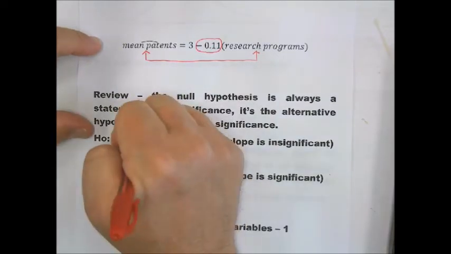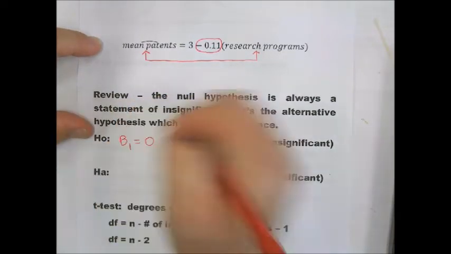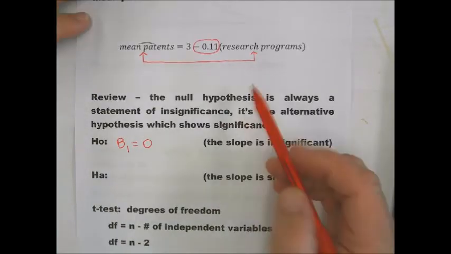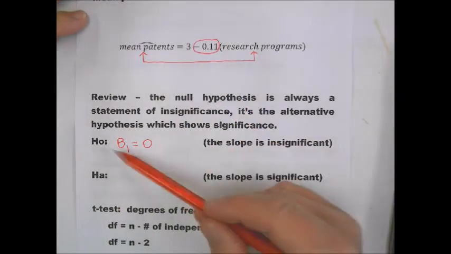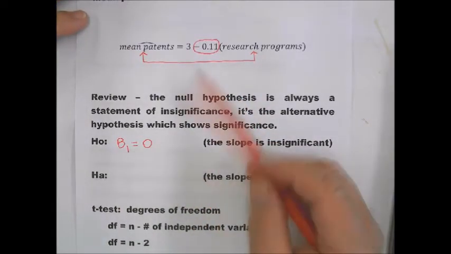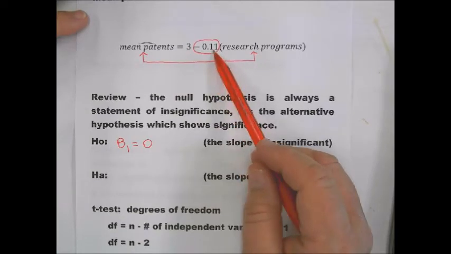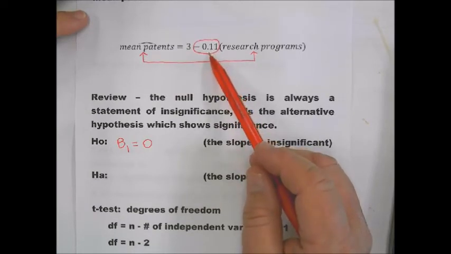And the value of an insignificant number would be 0. So there's your null hypothesis right there. Beta sub 1 equals 0. Now, if it turns out that we fail to reject the null hypothesis, and that's an insignificant number, then it means whatever number it is, it might as well be 0.